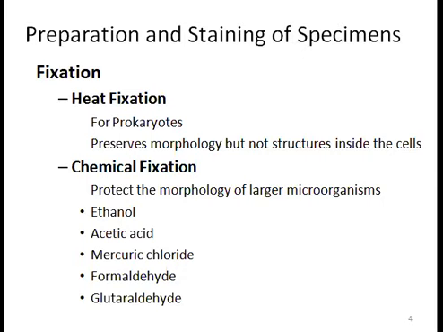Chemical compounds used during this process penetrate the cells and react with cellular components, usually proteins and lipids, and make them inactive, insoluble, and immobile. Common fixative mixtures contain components such as ethanol, also known as alcoholic fixation, acetic acid, mercuric chloride, formaldehyde, and glutaraldehyde.